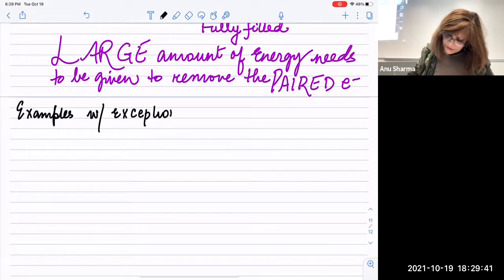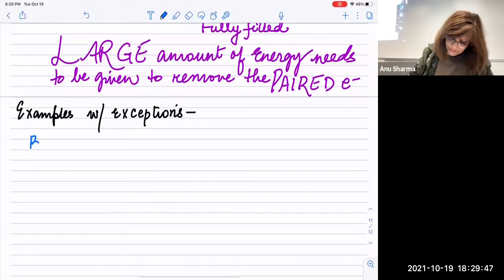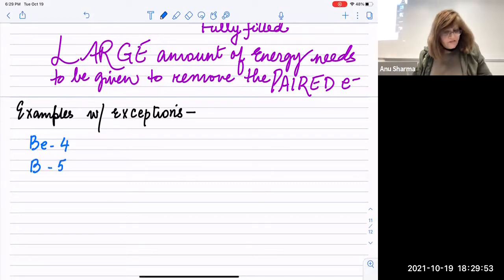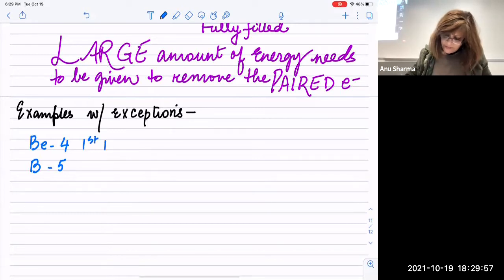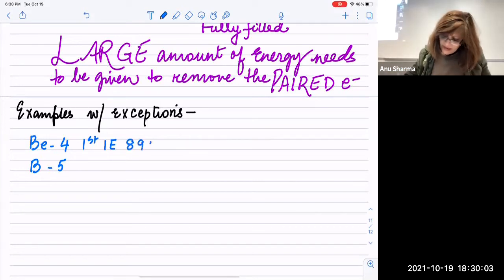There are some exceptions also. So what are those exceptions? So look at this. Beryllium 4 and boron 5. Okay, the first ionization energy of beryllium, that means the energy to remove one electron, is 899 kilojoules per mole.